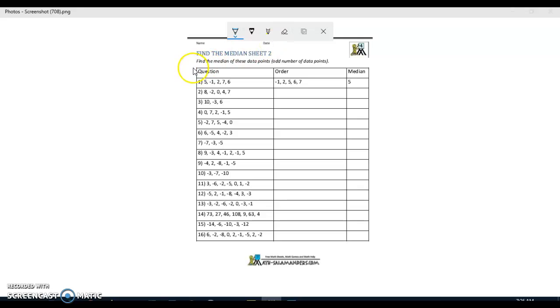And here what we're going to do is find the median of these data points, odd number of the data points. So the number they're telling you is going to be an odd number.